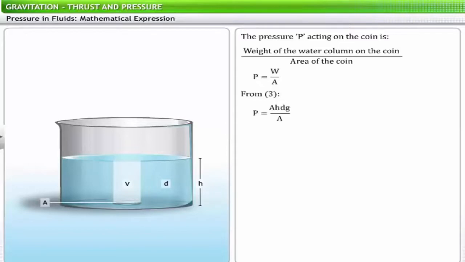This gives the expression of fluid pressure P. P is equal to hDg, where h is equal to height of the water column, D is equal to density of the water, and g is equal to acceleration due to gravity. Using this expression, you can calculate the pressure applied by a fluid on the walls as well as the base of a container. The pressure at a point in a fluid is equal in magnitude in all the directions.